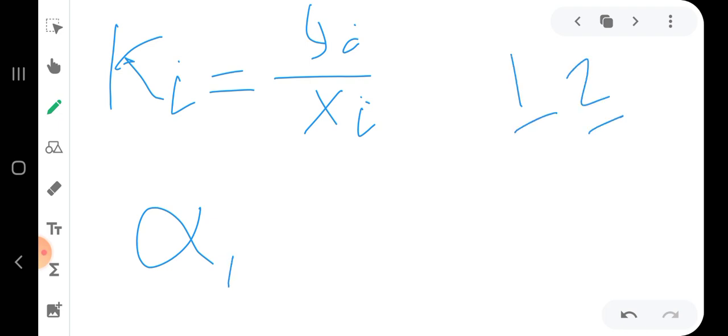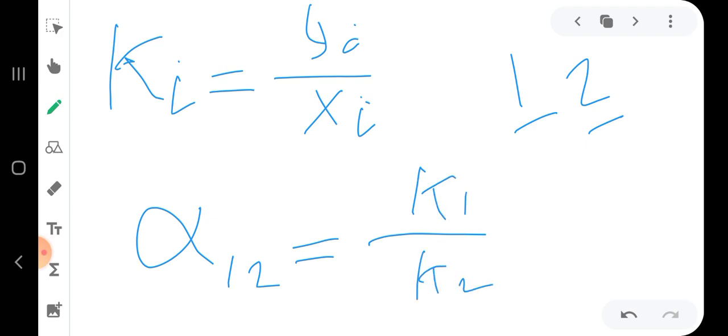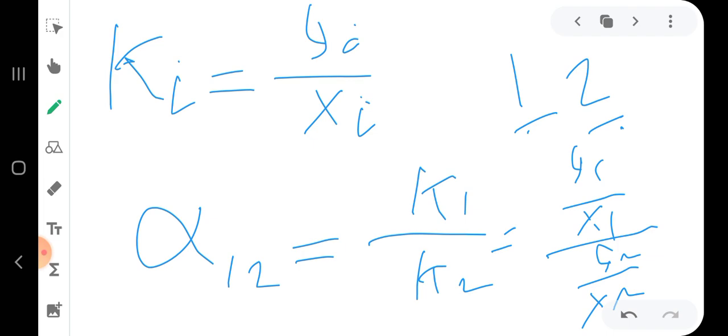So the relative volatility 1 to 2, for the first component to the second component, is simply the ratio of the distribution coefficient for each one, K1 over K2, which could be 1 and 2 or A and B, anything, which is Y1 over X1 and Y2 over X2, okay, from this equation.